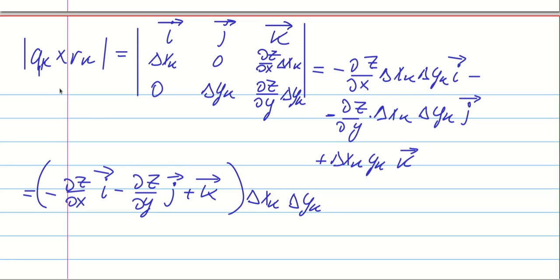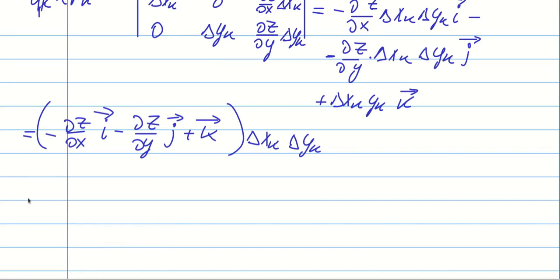This was just the cross product, not the length of the cross product. So we can say delta s sub k is approximately the length of this vector.